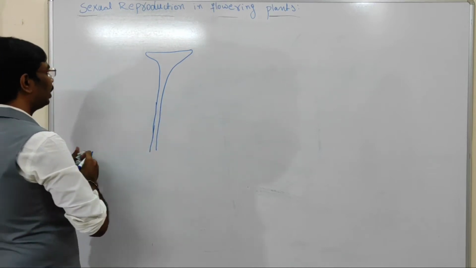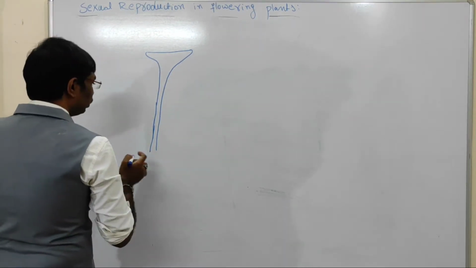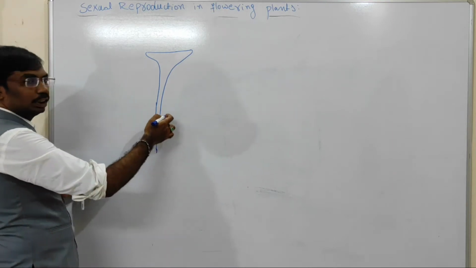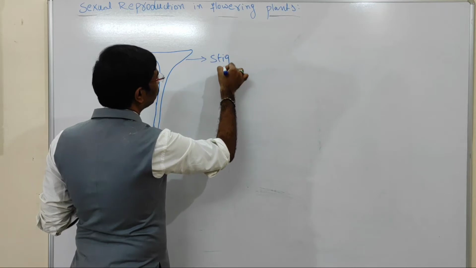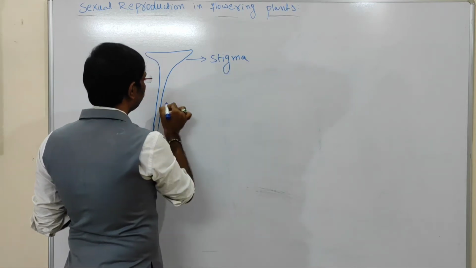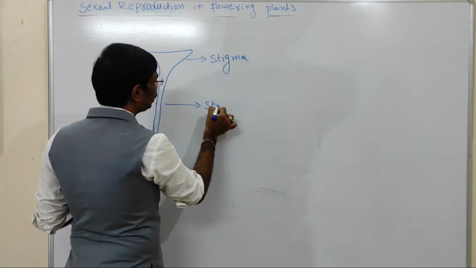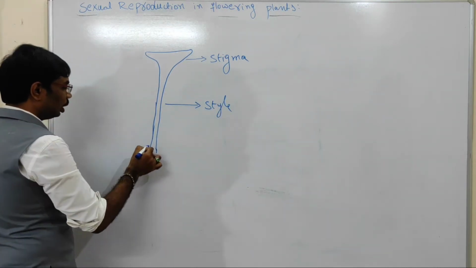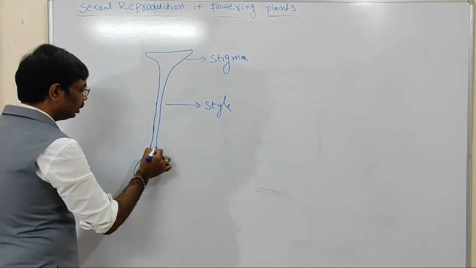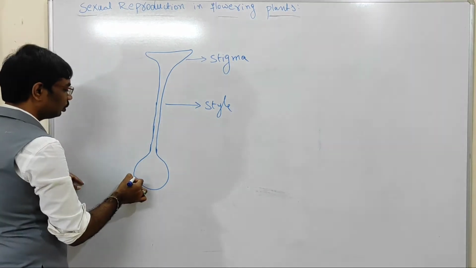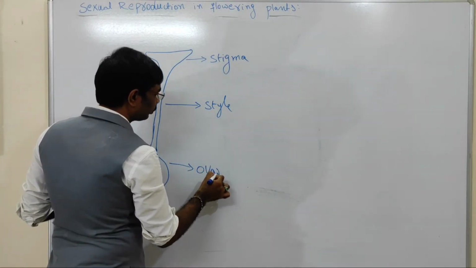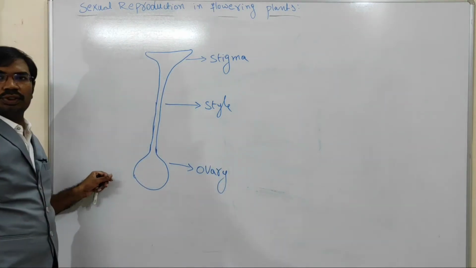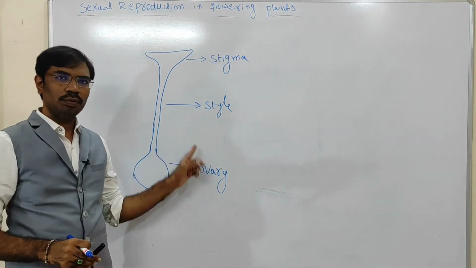This is called the stigma. Beneath it, the style is present. The next part is called the ovary. So stigma, style and ovary.